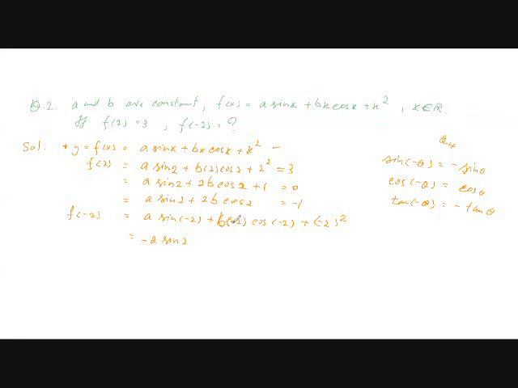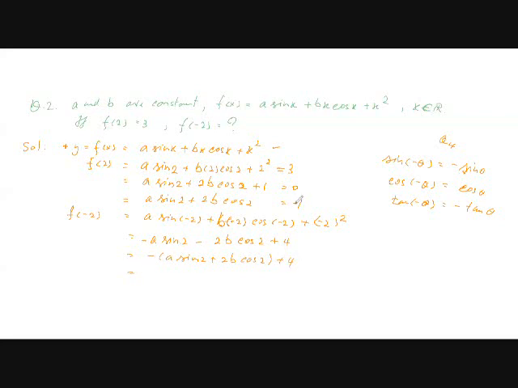So plus, minus times minus, and this plus comes out to become minus, right? So we have 2b cosine 2, and then this one becomes plus 4. Then you take the common factor negative out from these two terms. So negative out, we have sine 2 plus 2b cosine 2 plus 4.